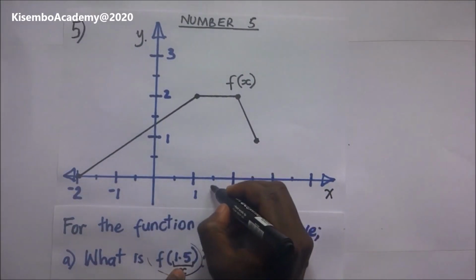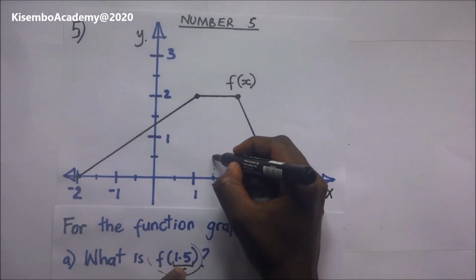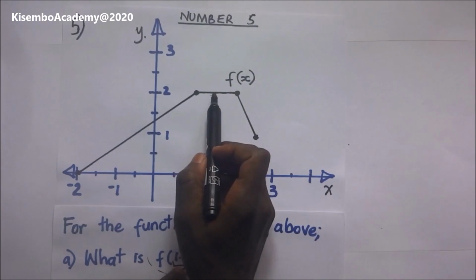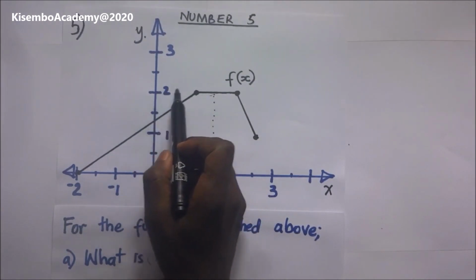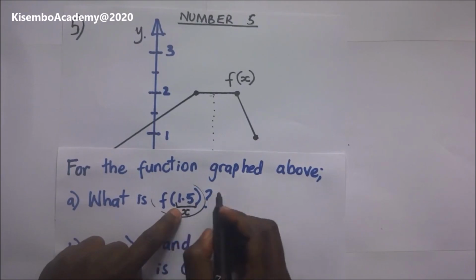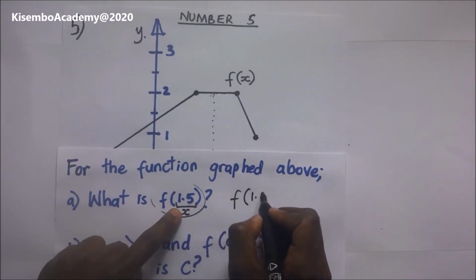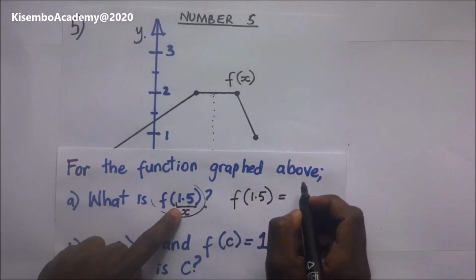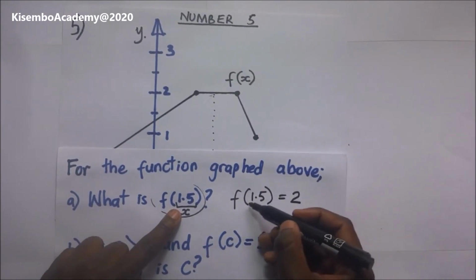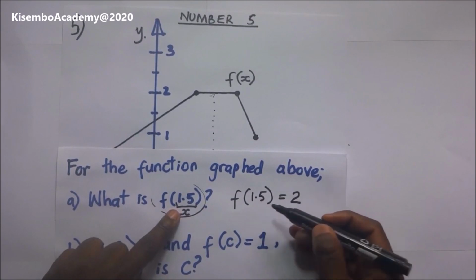Definitely 1.5 is right there, and it corresponds to a value of y as 2. So f of 1.5 is equal to 2, or the value of y is 2 when x is 1.5.